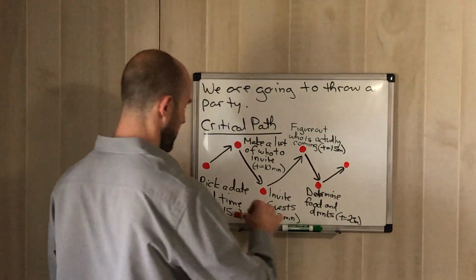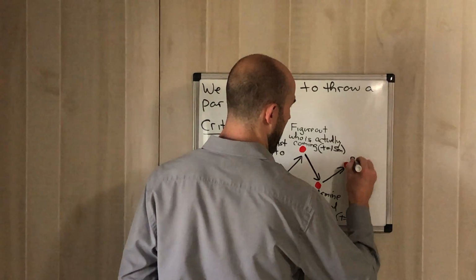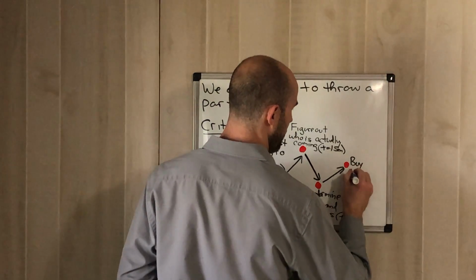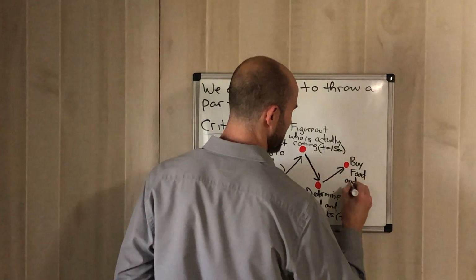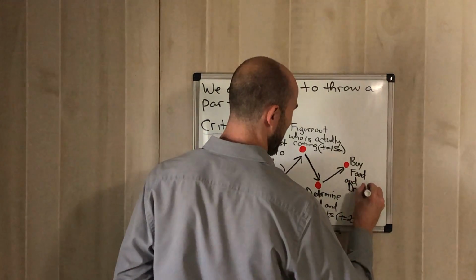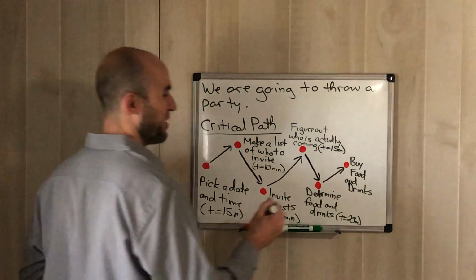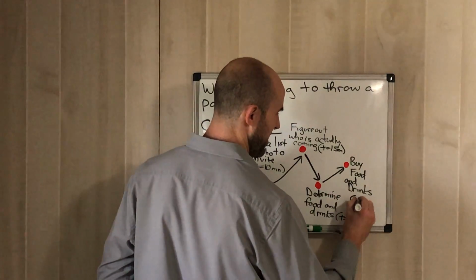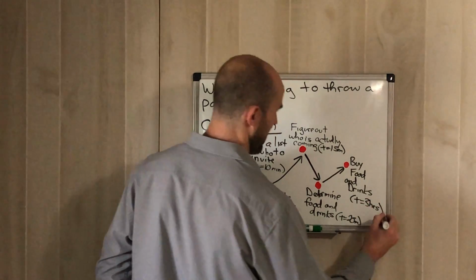Now, we're actually gonna buy the food and drinks. This is gonna start getting entertaining in a second. And the time that would take me to buy food and drinks would probably be around, let's say, 3 hours, just to play on the safe side.